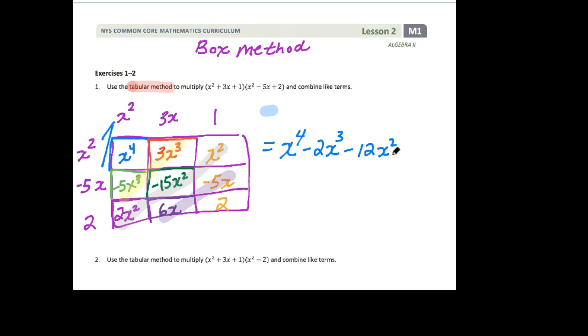Then 6x minus 5x is just 1x, and then 2 comes along for the ride. That is the product of these two polynomials. Notice how I didn't say the area. It is the product of those two, and we'll talk again more about that in class. So when I multiply these two together, this is what I get.